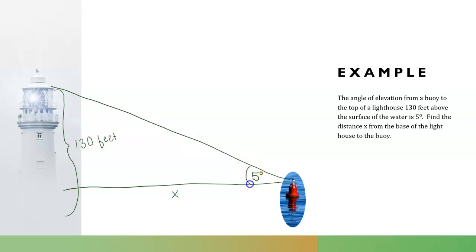Looking at where the angle is, I know that the opposite is 130, and I'm interested in the adjacent. So knowing that, I'm going to use tangent of, and because it's opposite over adjacent, it's going to be 130 feet over x feet.